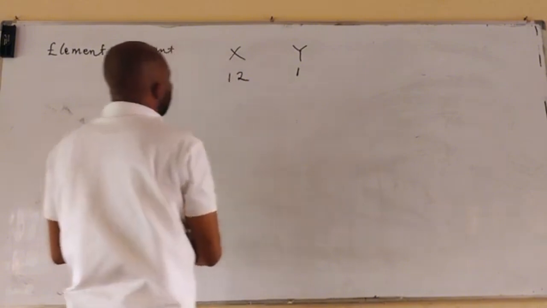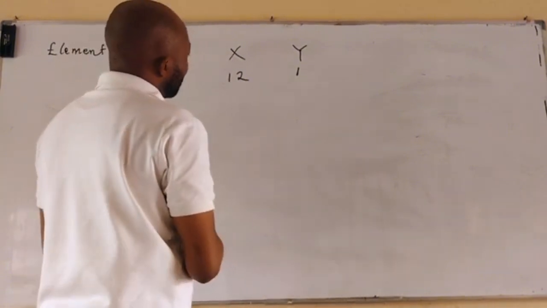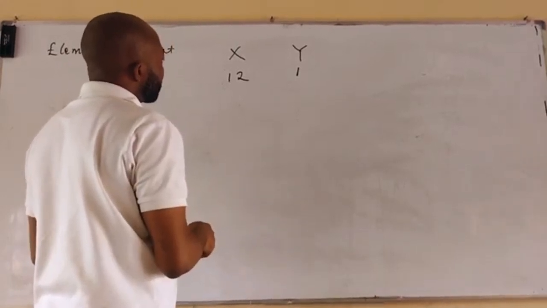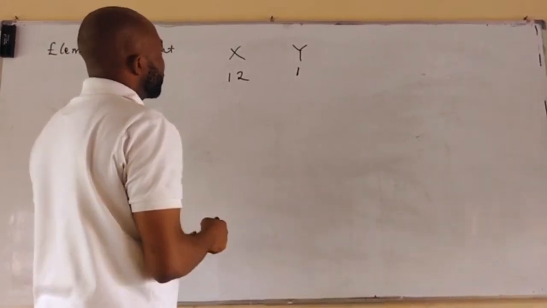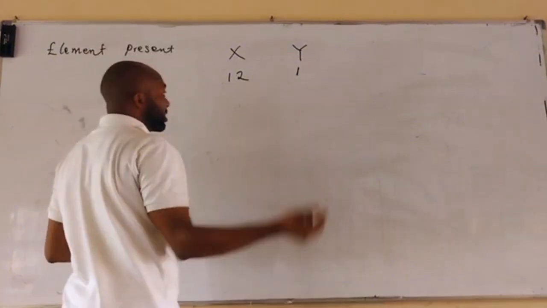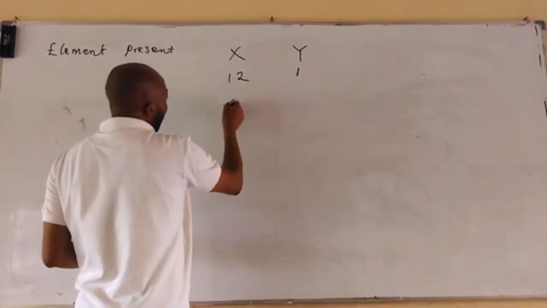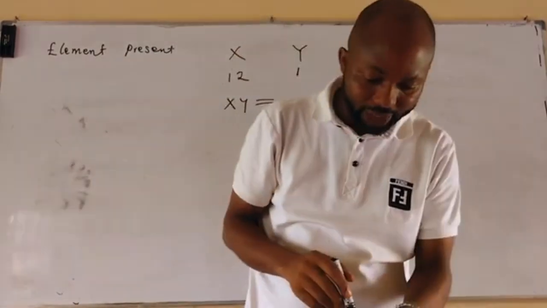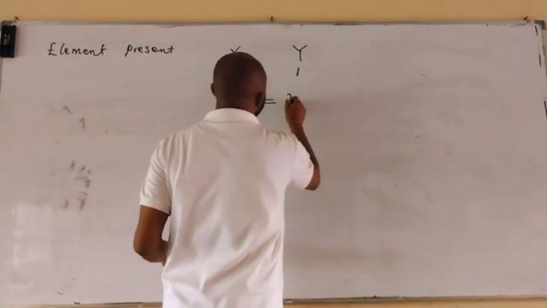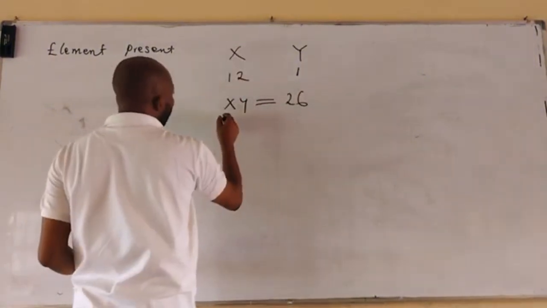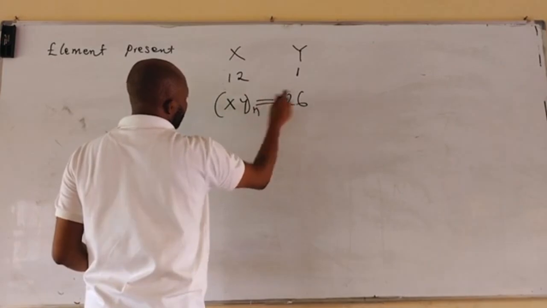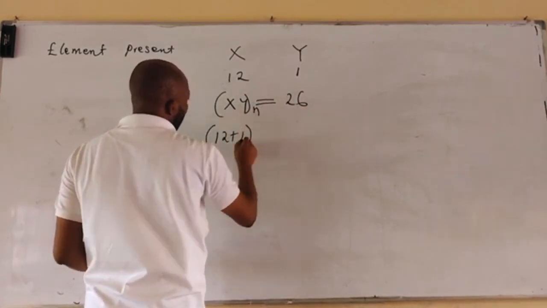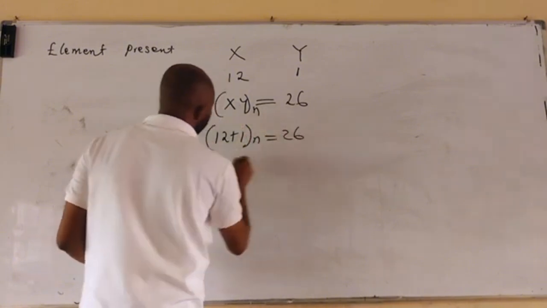So they've given us the relative molecular mass. Dividing by the lowest, 12 and 1, still gives us the same thing. The easiest way is to put it in brackets: (XY) times N is equal to the relative molecular mass, 26. If X is 12, plus 1, that is 13, so 13N is equal to 26.